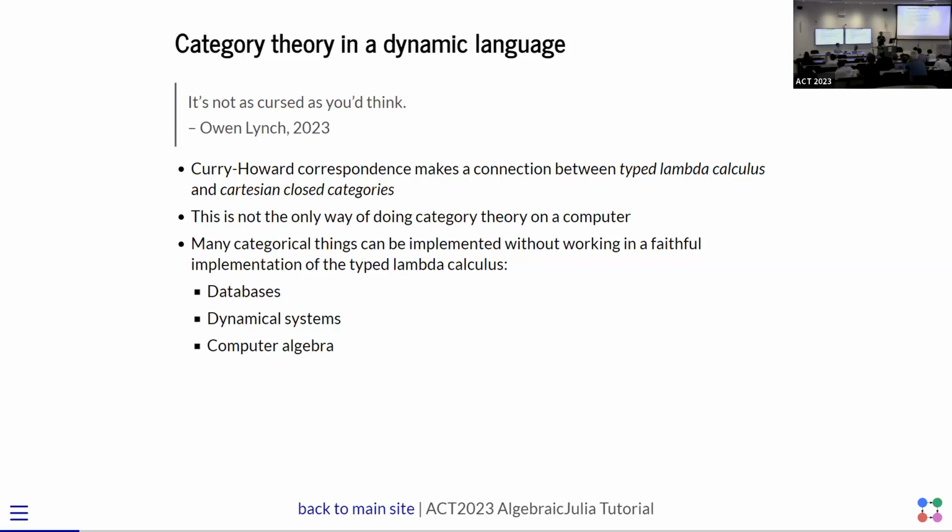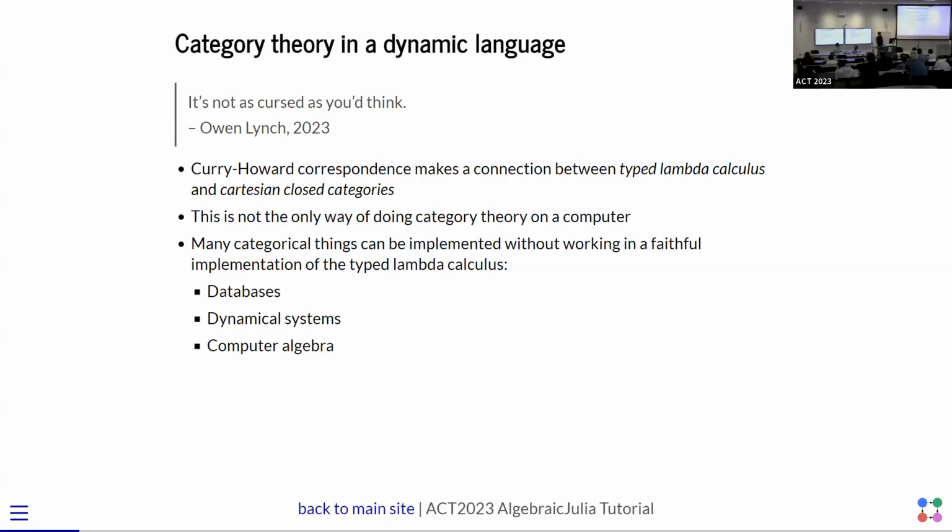But applied category theory is much bigger than Cartesian closed categories, and computer science is much bigger than typed lambda calculus. So this is not the only God-given way of doing category theory on a computer.